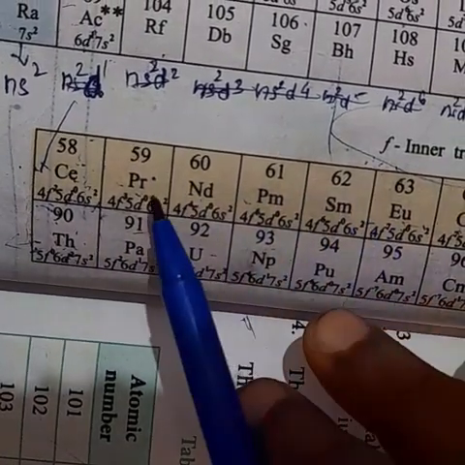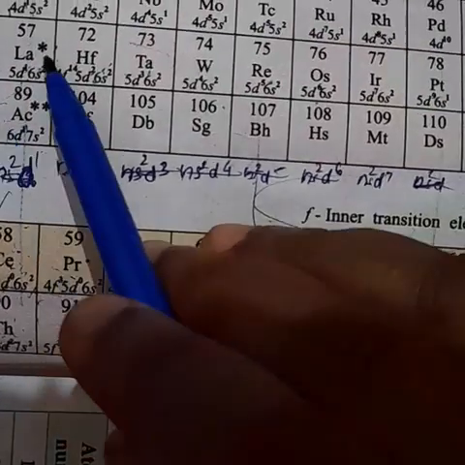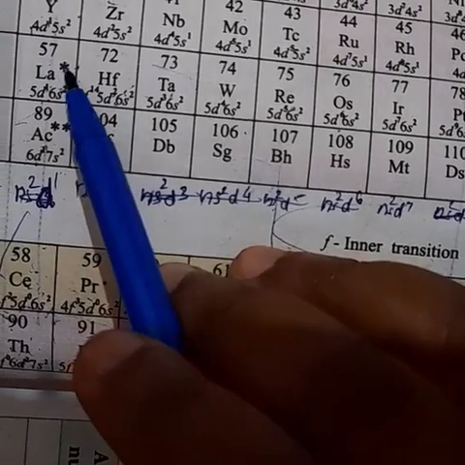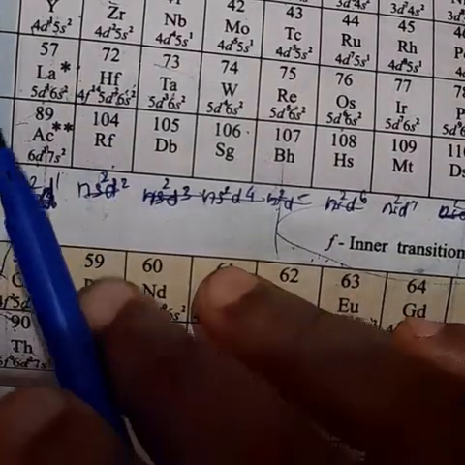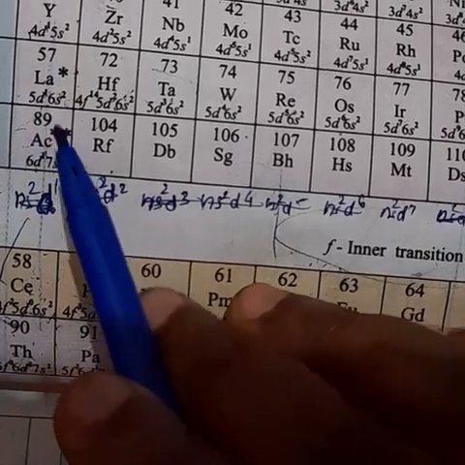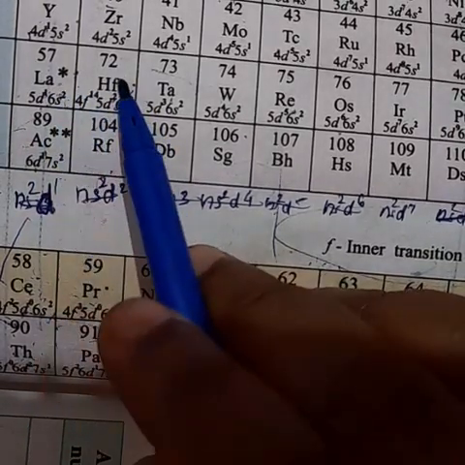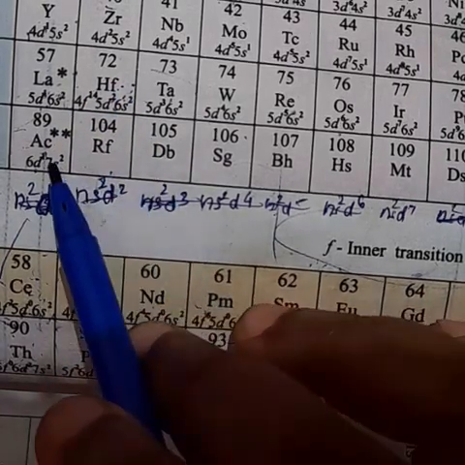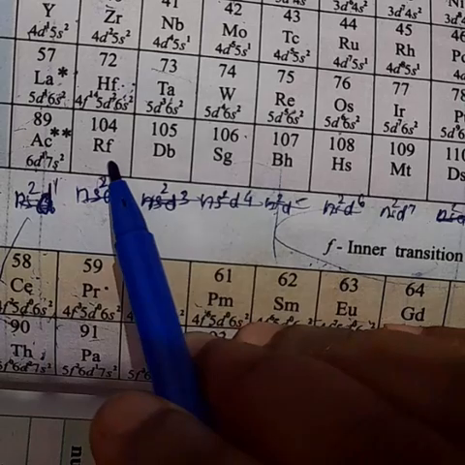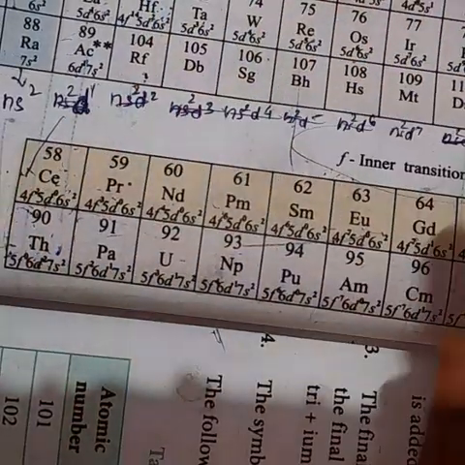These F block elements, this is not the actual place for the lanthanides and actinides. The place for the lanthanides is in between lanthanum and hafnium. The place for the actinides is in between actinium and rutherfordium. Check the atomic numbers also.